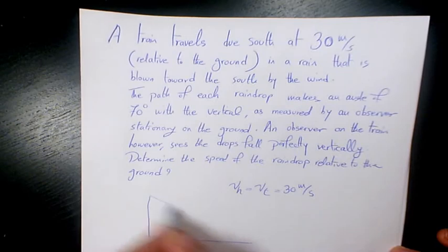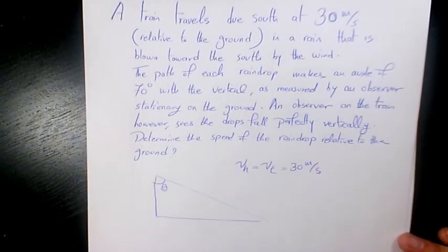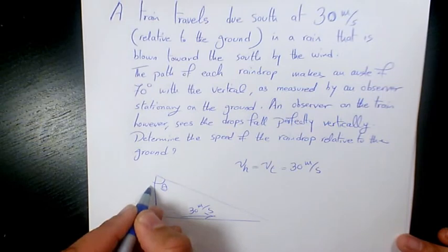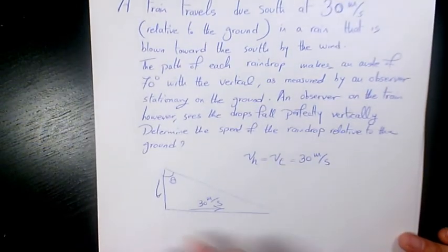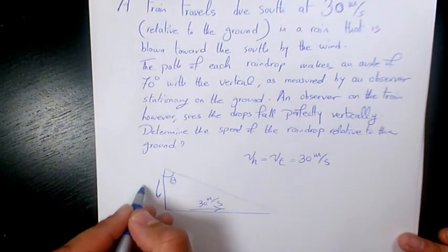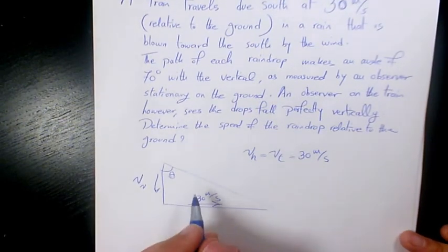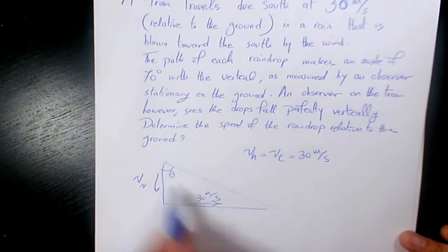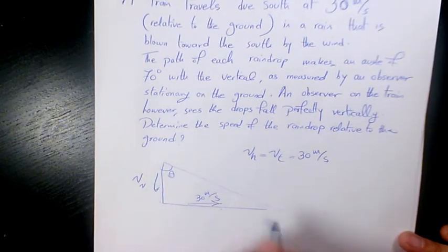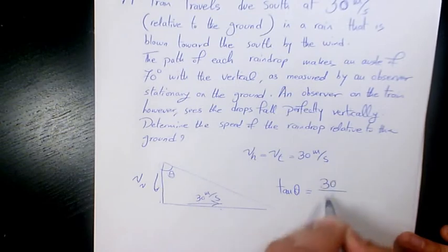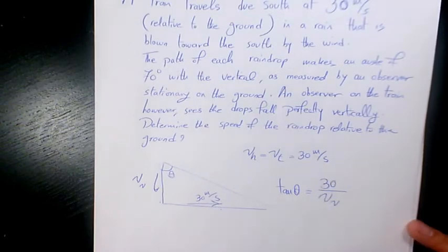And we can have such a thing here: theta is 70 degrees, the velocity in this direction is going to be 30 meters per second, and the velocity in this direction will be, let's call it VV. So that will be opposite divided by adjacent, so tan theta will be 30 divided by the vertical velocity.